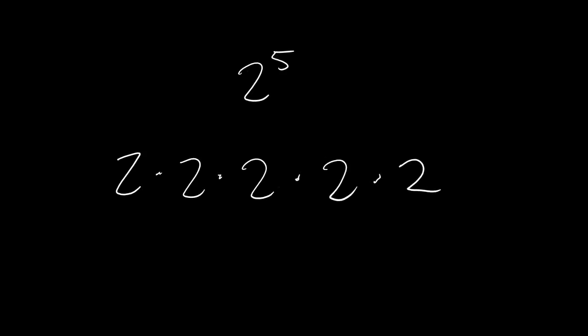So you can think of exponents as multiplication, but for multiplication. Multiplication is basically a lot of addition. Exponents is a lot of multiplication. So the exponent is 5, which means that the base, 2, is multiplied 5 times.